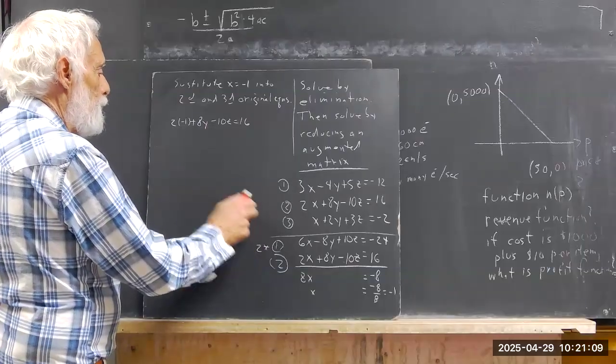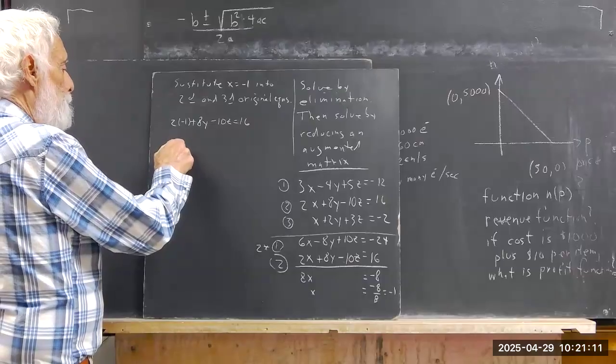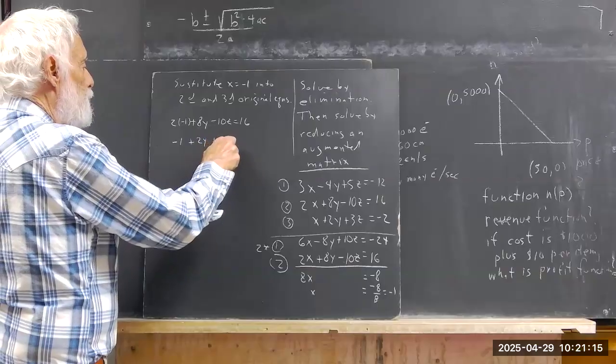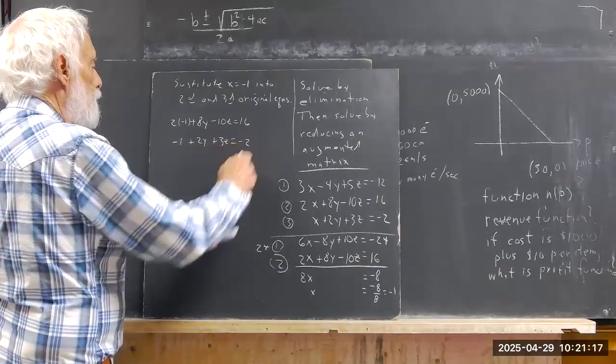The third equation is negative 1 plus 2y plus 3z equals negative 2.